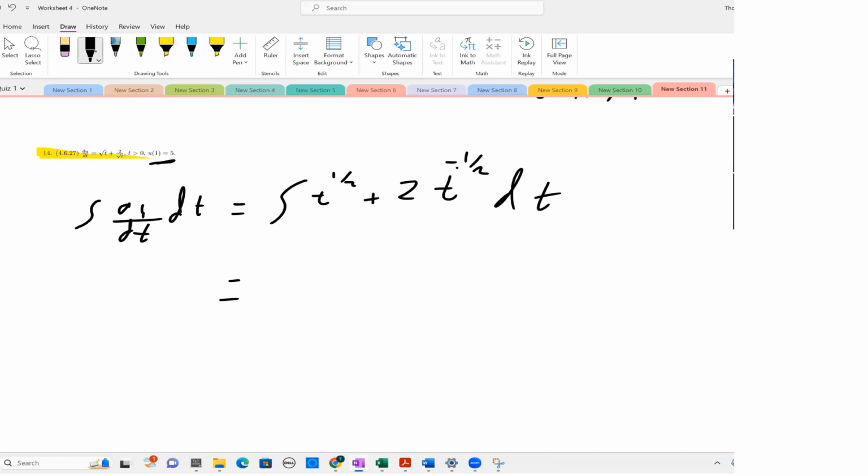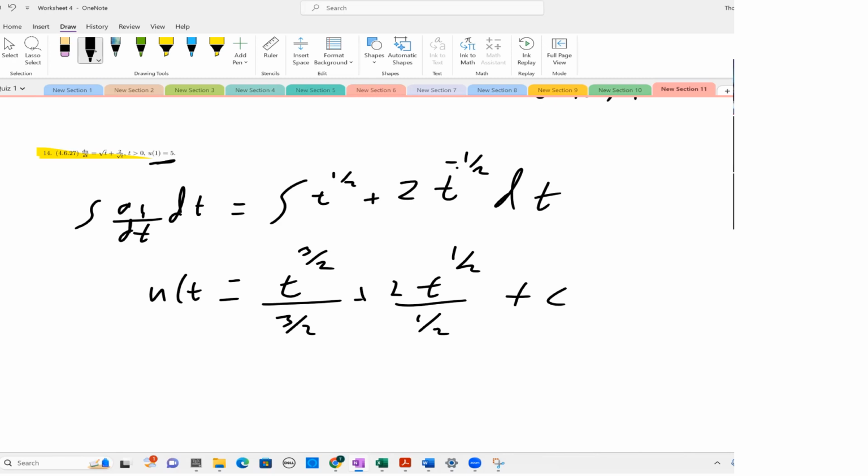And again, this is us calculating the antiderivative. So this is t to the 3/2 divided by 3/2 plus 2t to the 1/2 divided by 1/2 plus c. And this is what u of t is equal to.